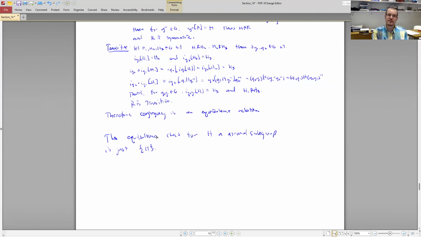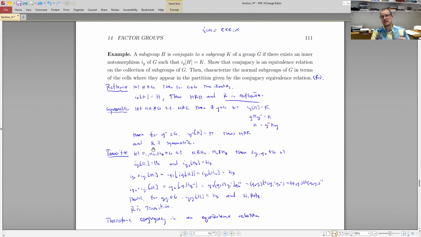Well, according to the previous definition, we observed that for a normal subgroup, that is left and right cosets are the same, we would have to have that the only conjugate to a normal subgroup is itself. So when we go to look for a normal subgroup, if we were to consider this idea of conjugacy, we're just looking for those groups that are only related to themselves under this equivalence relation.